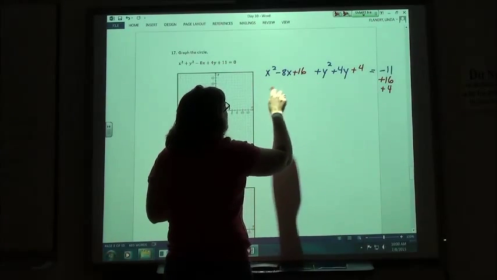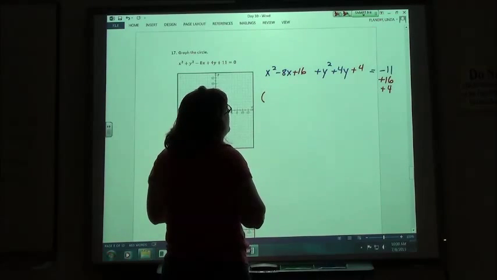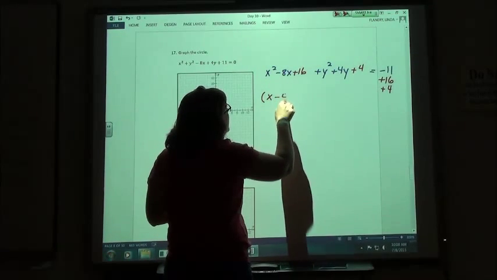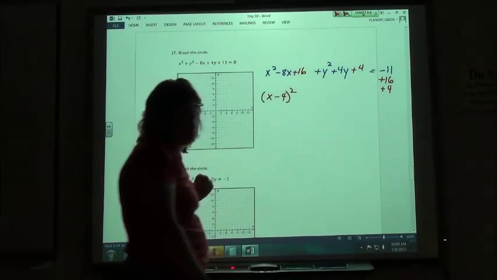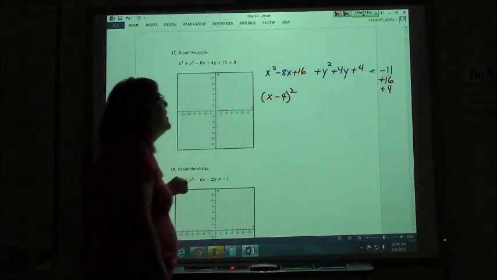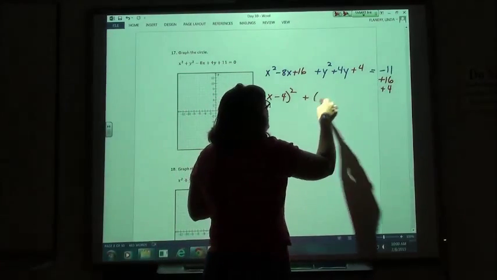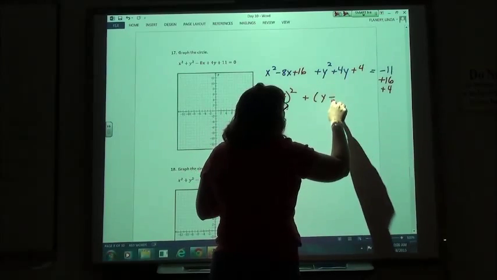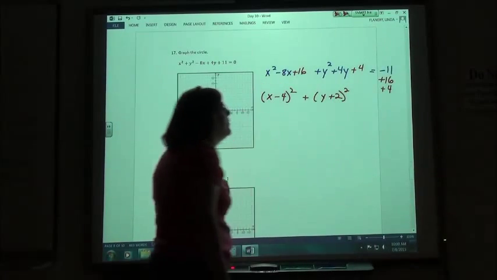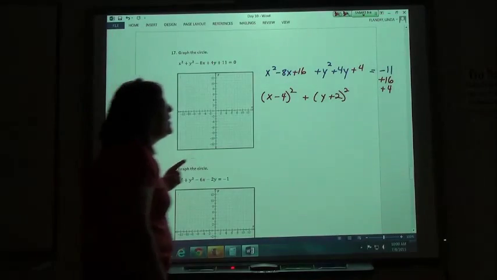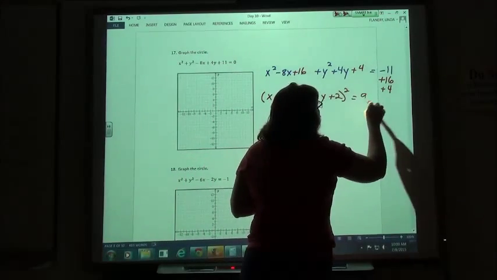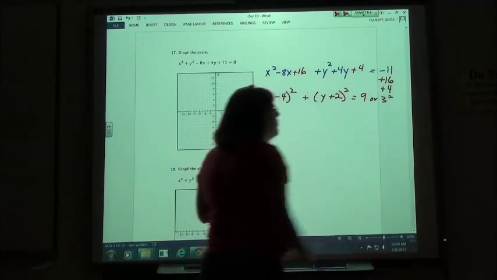So when I factor this one, half of negative 8 was negative 4. It's going to factor into x minus 4 times x minus 4 if you need to do it the long way, but x minus 4 squared. Here, half of 4 was 2. That's going to factor into y plus 2 times y plus 2. 20 minus 11 would give us 9, or that 3 squared again.